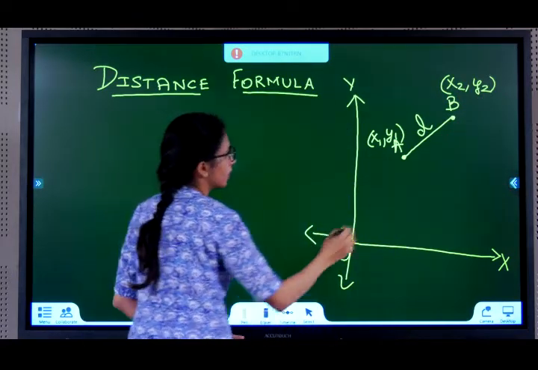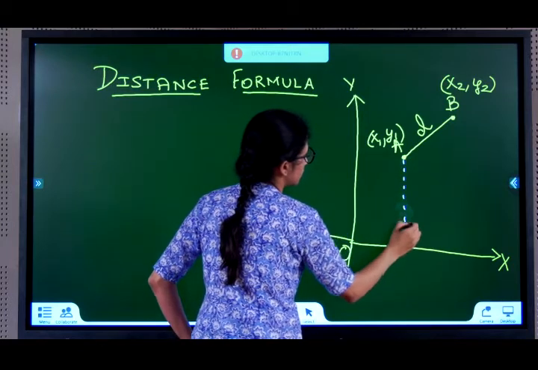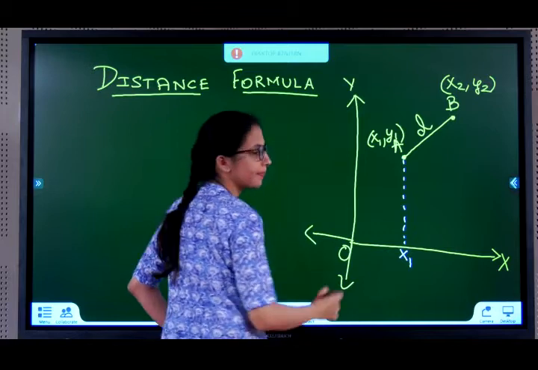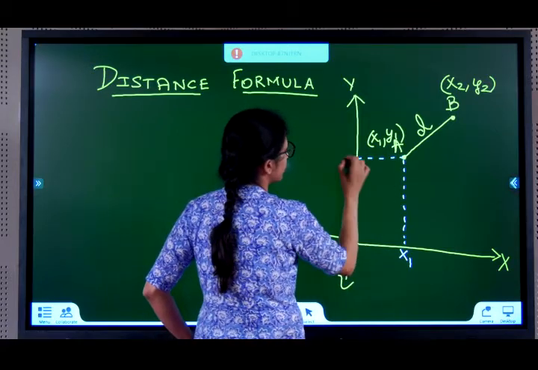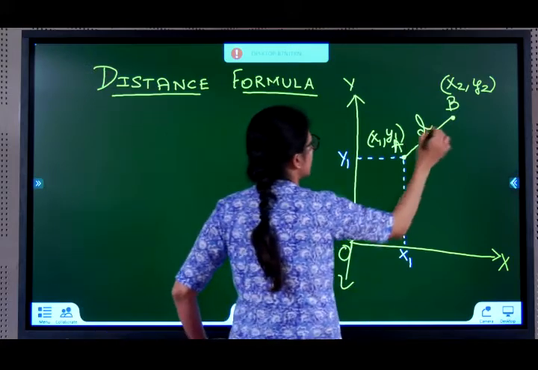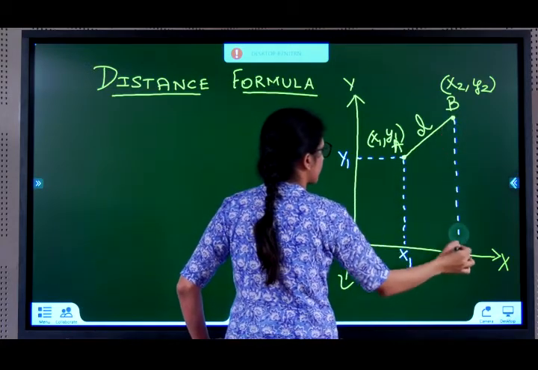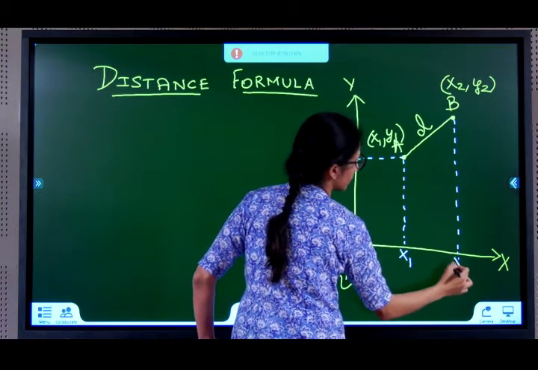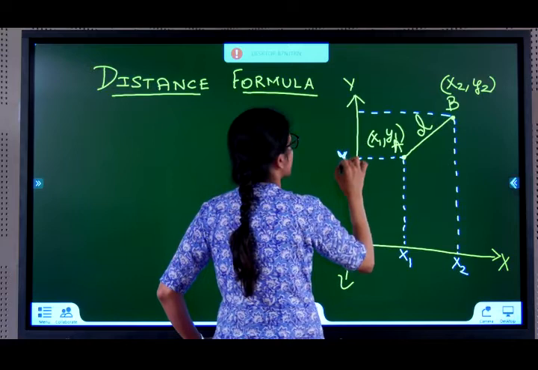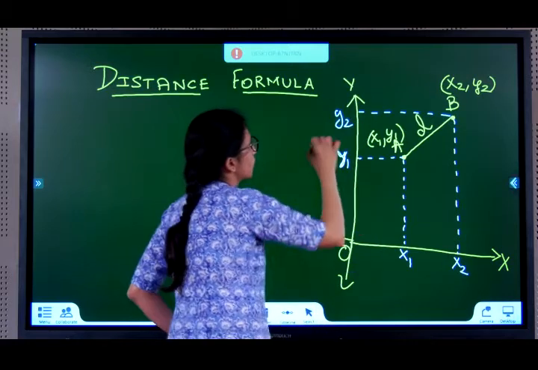Now, this has to be the x coordinate, so can I say this is x1? This has to be the y coordinate, so I can say this is y1. Again, this one's x coordinate, x2, and this one's y coordinate, y2.